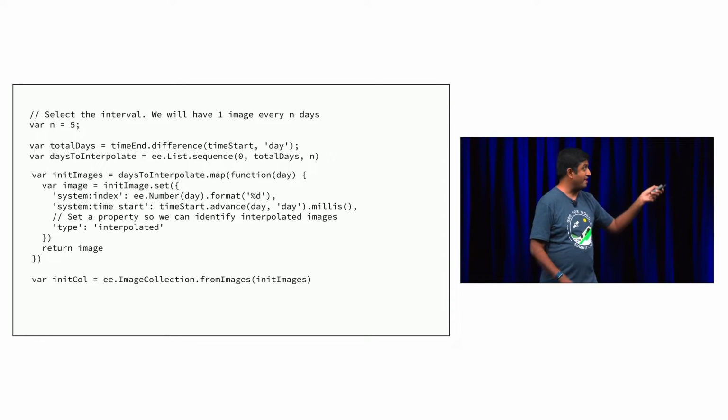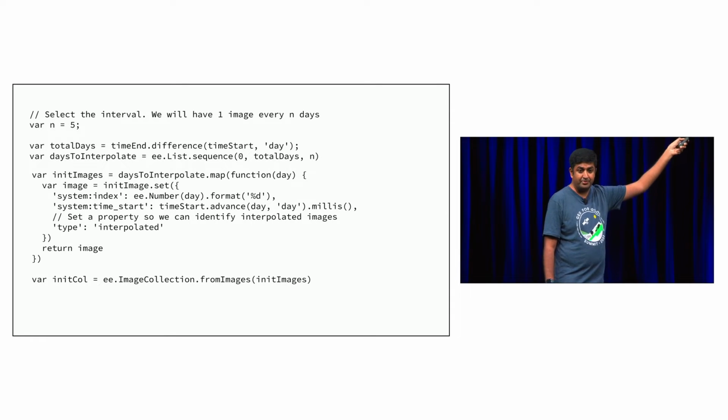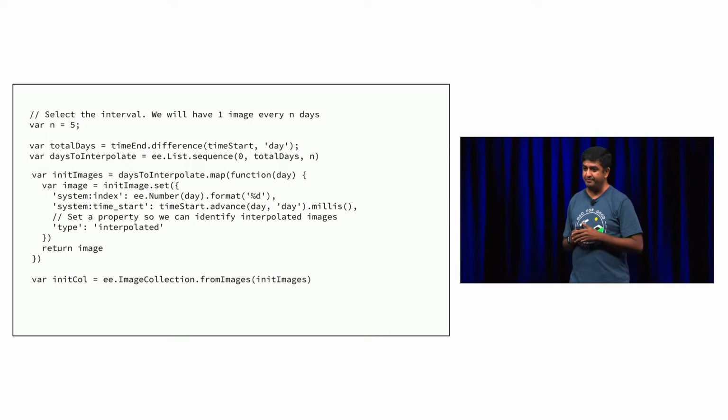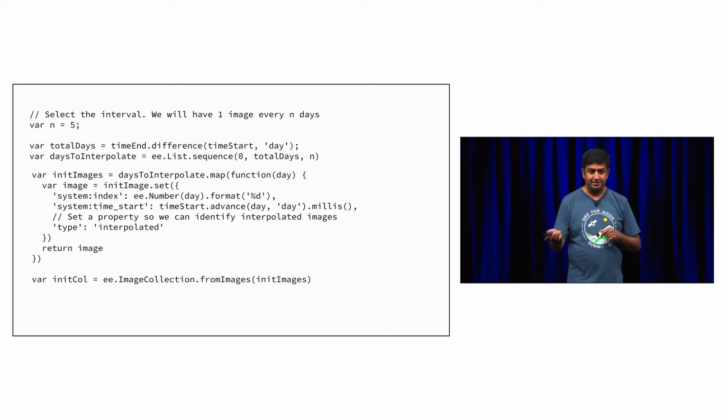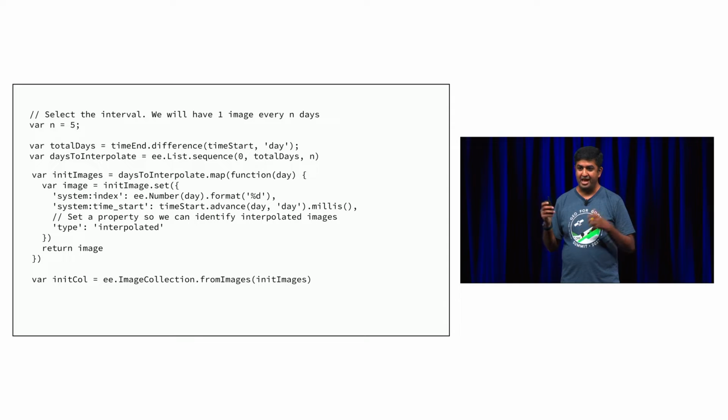We use the same empty image, but we set a different property, so we know the timestamp of that particular image. So at this point, my initial collection is a series of empty multi-band images at every 5-day interval. And that's my collection to start. I have my primary collection, join it with my NDVI collection and fill in those gaps.